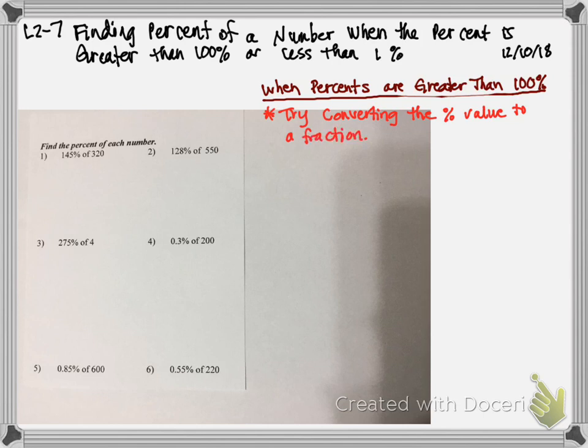And just as a reminder, our percent value is that number that the percent value is over 100. So that's how we will make a fraction out of it. So for example, 136% would be 136 over 100, because remember, percent just means divide by 100.